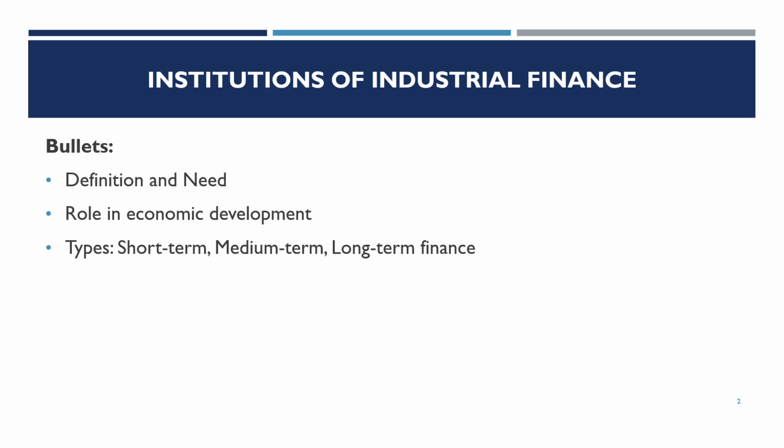So it is called the institution of industrial finance. It has a very important role in economic development. There are different types of institutions: one is short term, second is medium term, and third is long term finance.